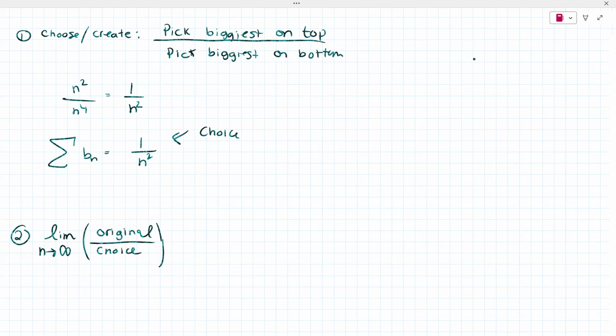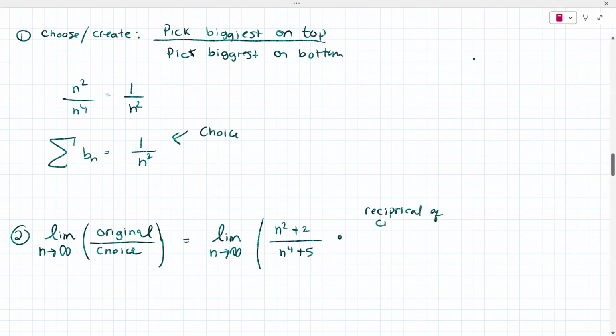Which equals the limit as n approaches infinity. And our original was (n squared plus 2) over (n fourth plus 5) times the reciprocal of our choice.